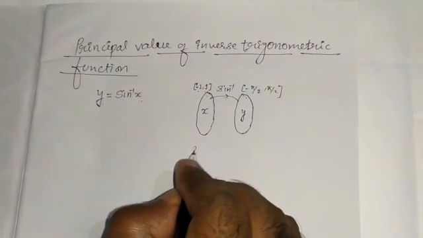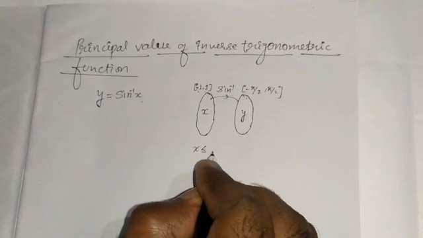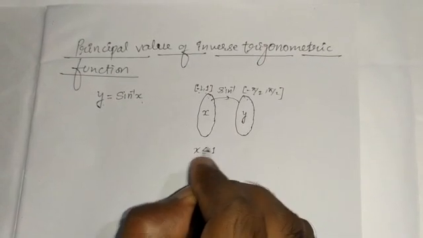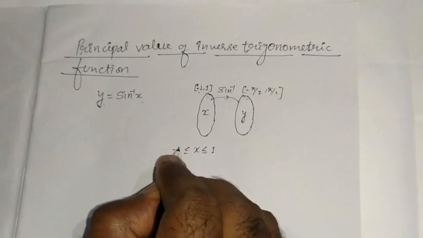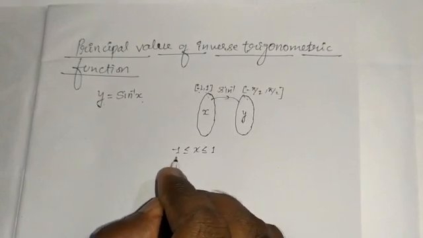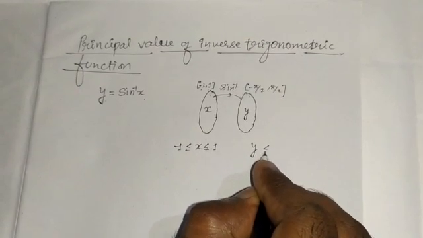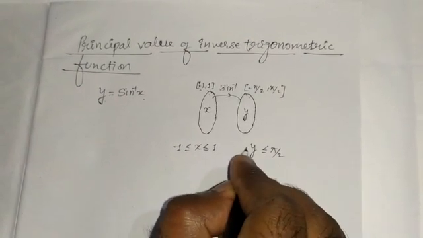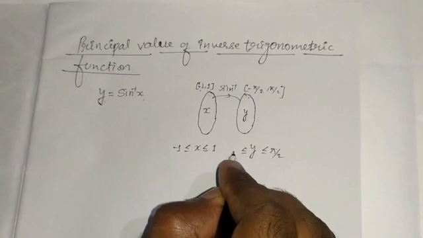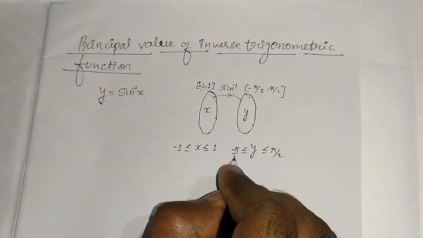So x will lie between 1 and -1, that is, x is less than or equal to 1 and more than or equal to -1, and similarly y is less than or equal to π/2 and more than or equal to -π/2.